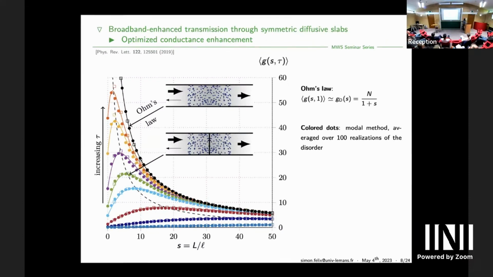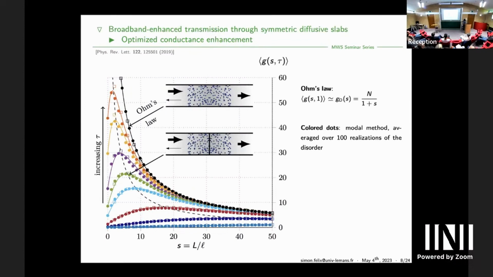And I will go rapidly on this, but we compare different methods. The colored dots are the direct, full, exact solution of the wave equation with the method that I described during the workshop, which is a modal formulation of this problem.